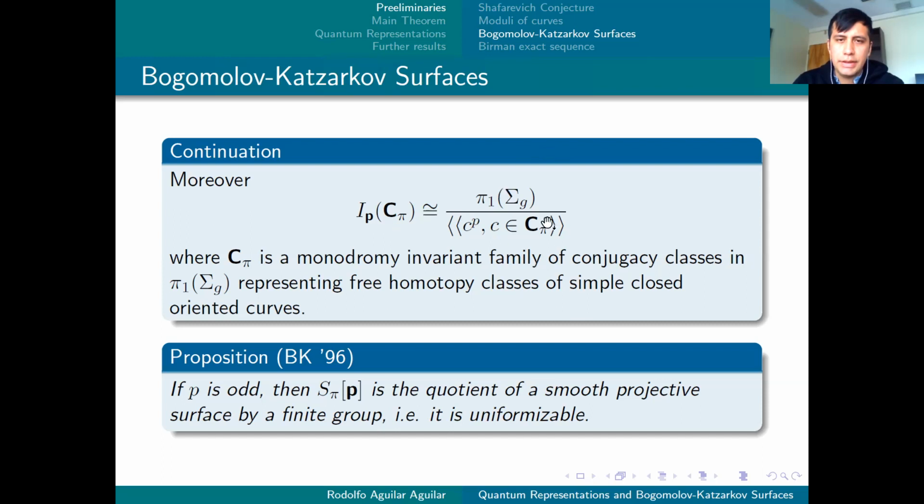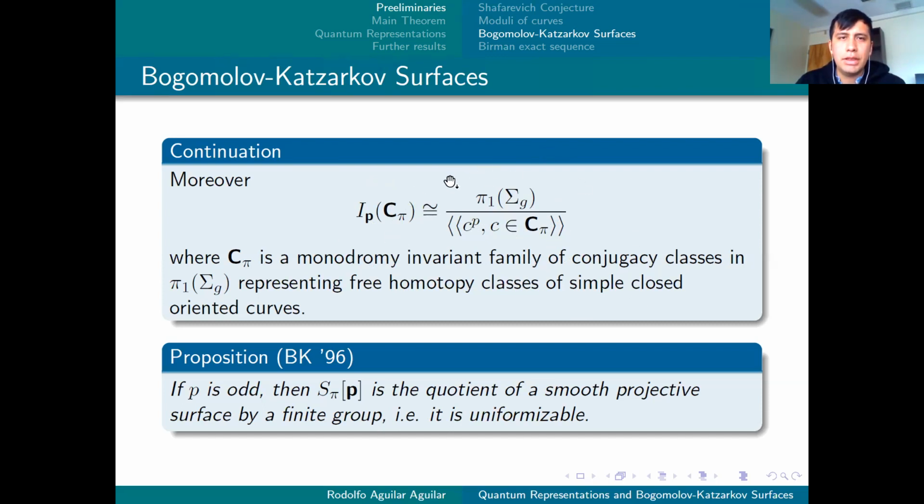So as you can see, this group is the one that was complicated, the one that is expected to be non-residually finite by the conjecture of Shafarevich. And what I know is that they didn't know any infinite representation of this group.